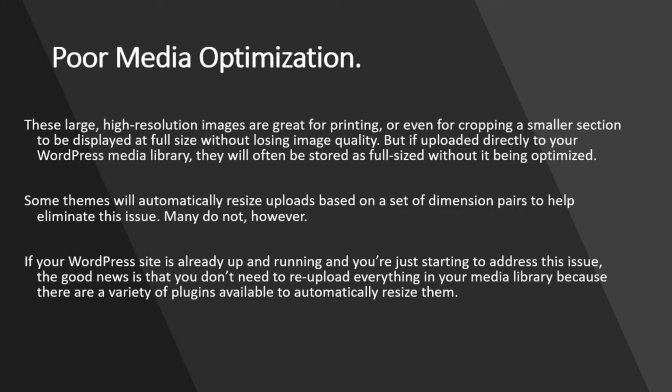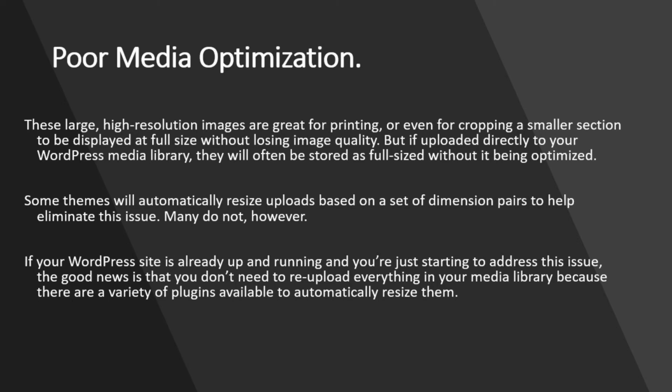But if uploaded directly to your WordPress media library, they will often be stored at full size without being optimized. Some themes will automatically resize uploads based on a set of dimensions to help eliminate this issue, but most themes do not do this.